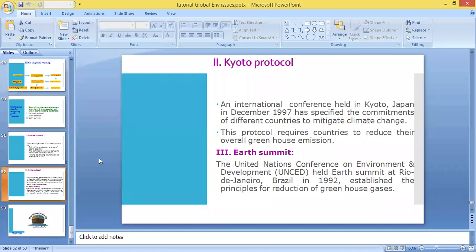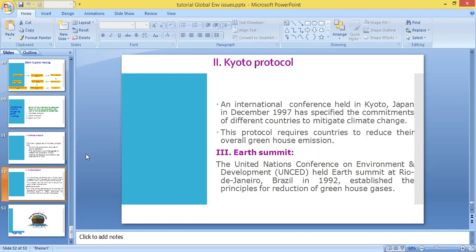The United Nations Conference on Environment and Development held the summit at Rio de Janeiro in Brazil in 1992 and established the principles for reduction of greenhouse gases. So these are the three main important commitments that were made by the member nations in order to control the effect of greenhouse gases, global warming, and climate change.